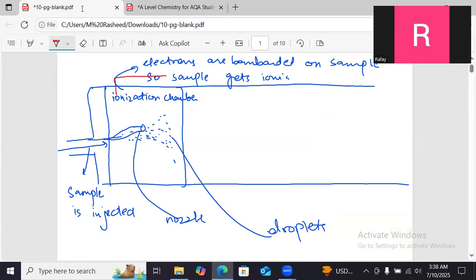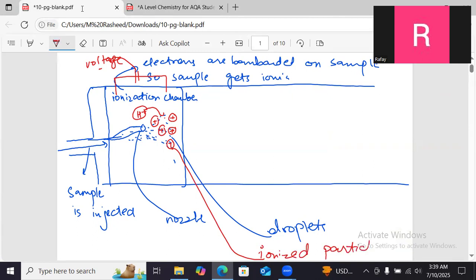Let's say this ionization chamber is connected with a battery that provides voltage. And due to this voltage, these droplets of sample will take hydrogen ion, and all of these will become positively charged. When they become positively charged, then definitely now these are called as ionized particles. Sample is ionized. Now it is in the form of ionized particles.